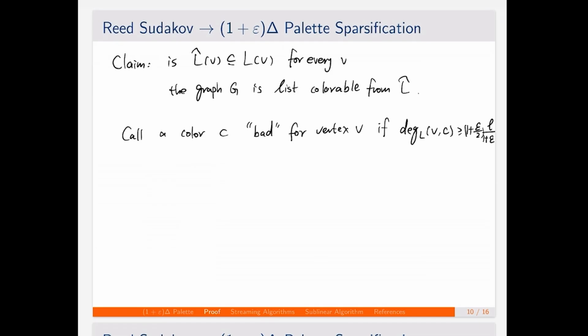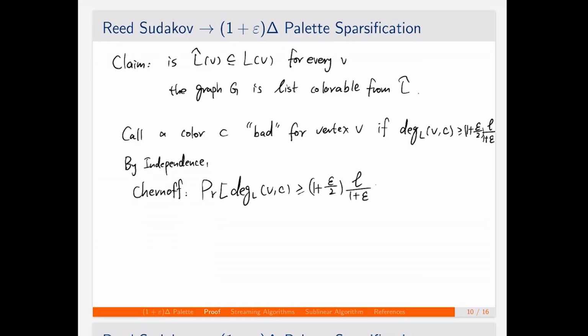So since we sampled the list L of V independently, we can apply Chernoff bound. So the probability of the C degree being greater or equal to 1 plus epsilon over 2 times L over 1 plus epsilon is less or equal to some exponential tail.